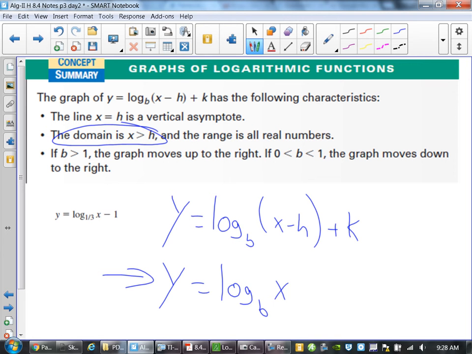And then the log base b of 1 is 0. So basically you're going to be able to find your 2 ordered pairs. You're going to have an ordered pair that will wind up with a 1, and an ordered pair that will wind up with a 0 for your y values. These are what you're going to choose to make them work. This is how these things are going to work. It's really extraordinarily easy to work with graphing logarithms.